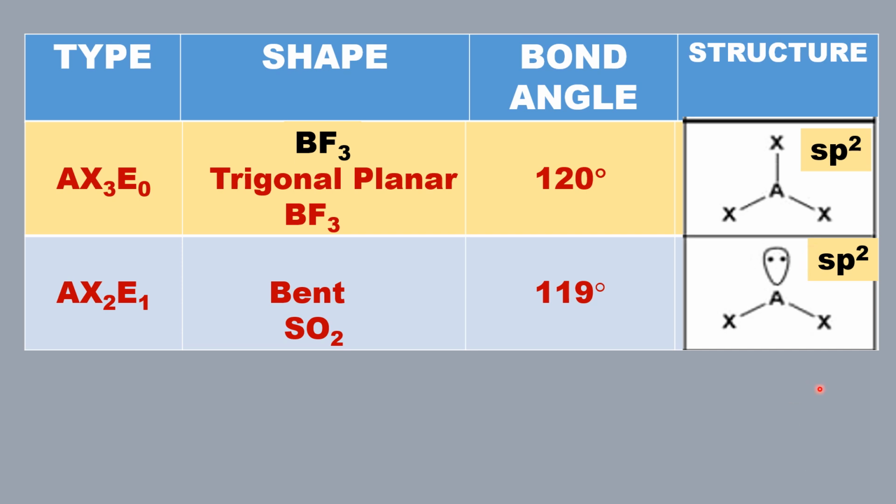Therefore, the bond angle is contracted, shrunk. Both are sp2 hybridized, but instead of 120, the bond angle is 119 degree because lone pair bond pair repulsion is greater. Therefore, the bond angle shrinks.